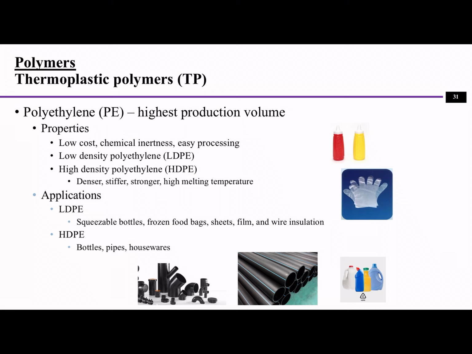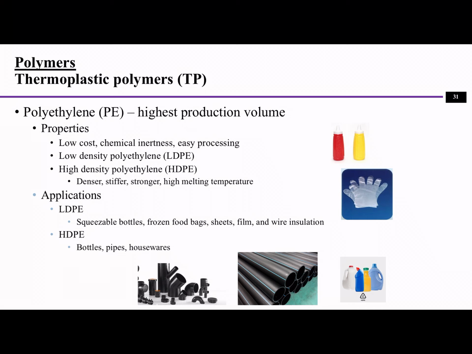So polyethylene. Polyethylene is another big type of thermoplastic that is widely used in our lives. And polyethylene can be low density polyethylene or high density polyethylene. For low density polyethylene, you probably usually see that in plastic bags, right? In plastic bags, usually that is low density polyethylene.